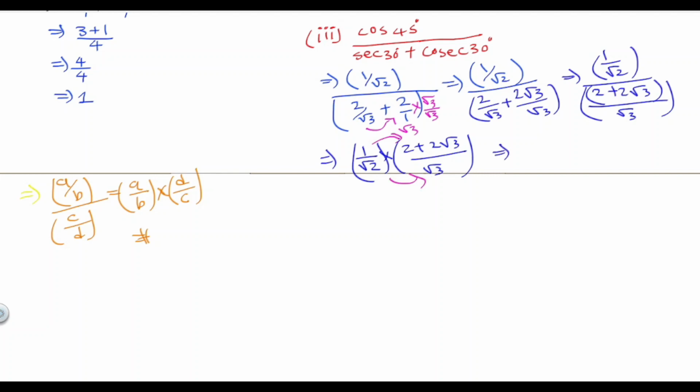Now 1 multiply 2 is 2, and 1 multiply 2 root 3 is 2 root 3, divided by root 2 multiply root 3, which is root 6. Okay, so that's the third one.